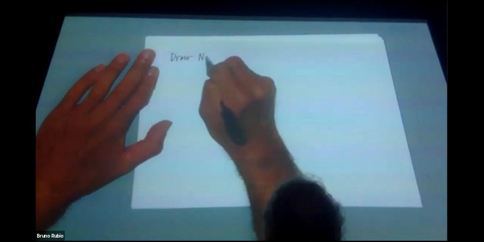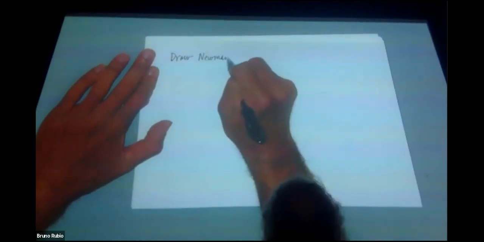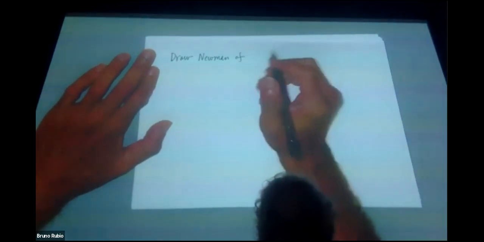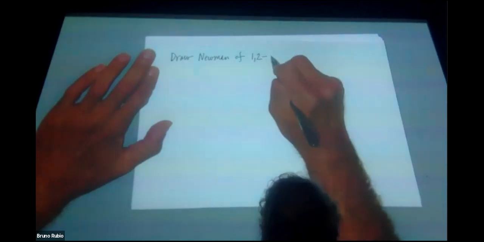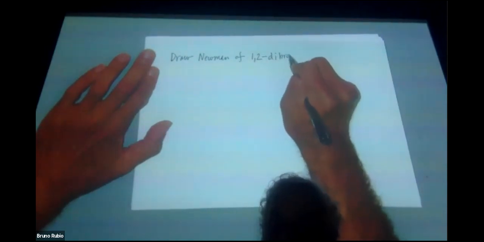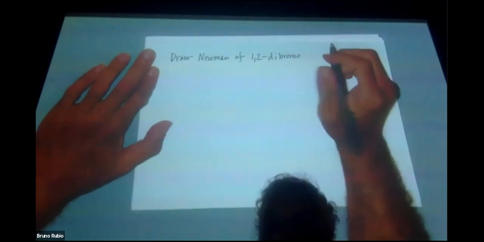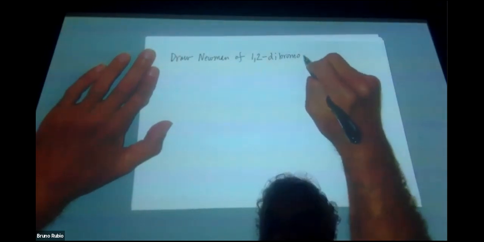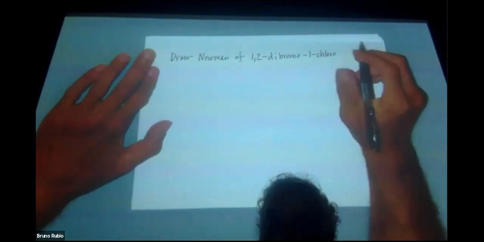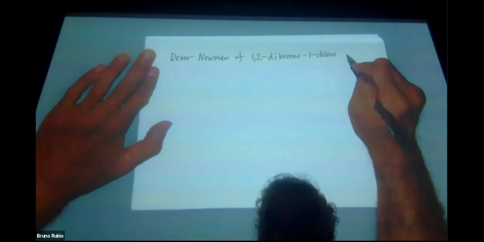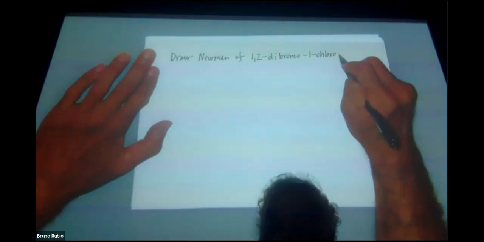Let's invent some kind of crazy molecule here. How about 1,2-dibromo-1-chloropropane?